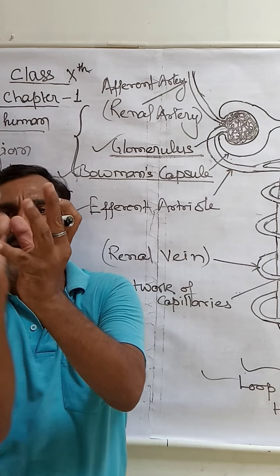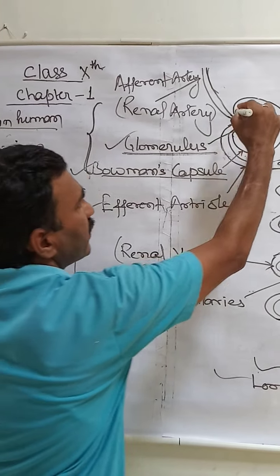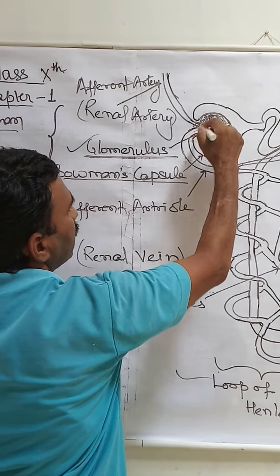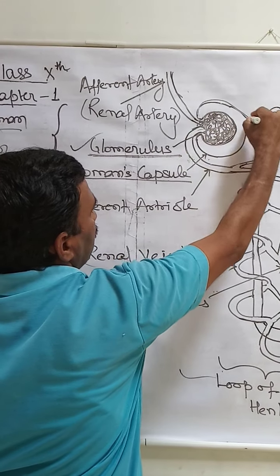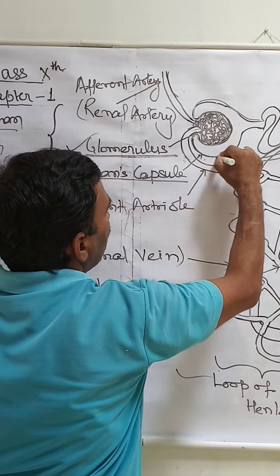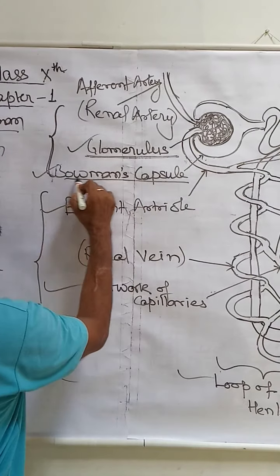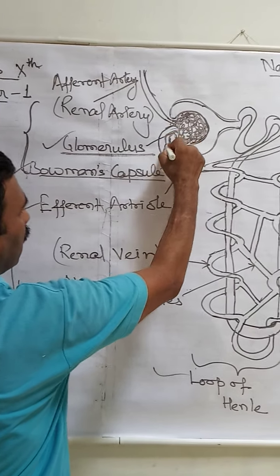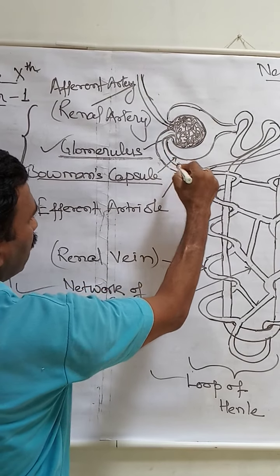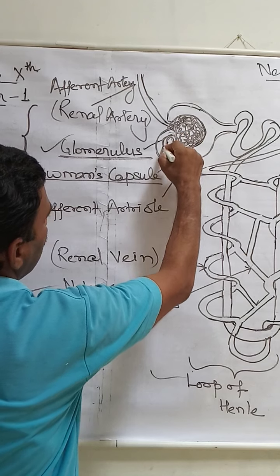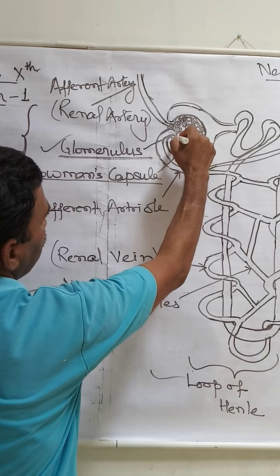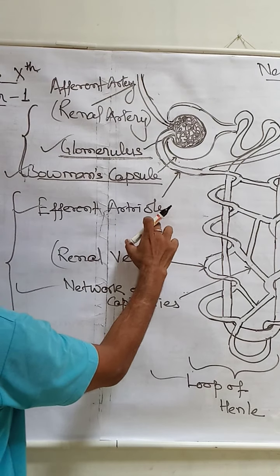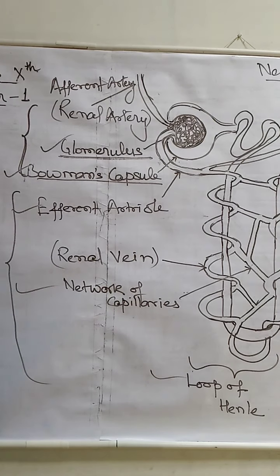This cavity-like structure is called Bowman's capsule. And this is an output tubule which comes out from the Bowman's capsule connected to the glomerulus. This is called the efferent arteriole, or you can also say renal vein.